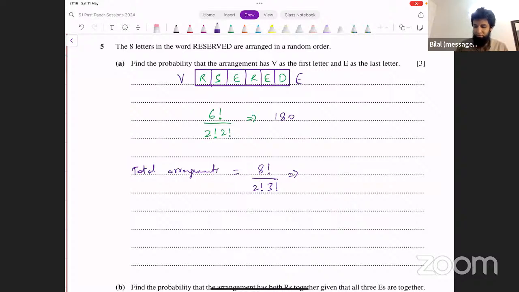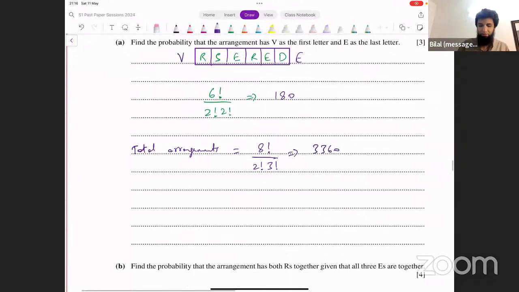That's 3360. And that should give you the probability. Divide these two numbers: 180 divided by 3360. That will be the probability.